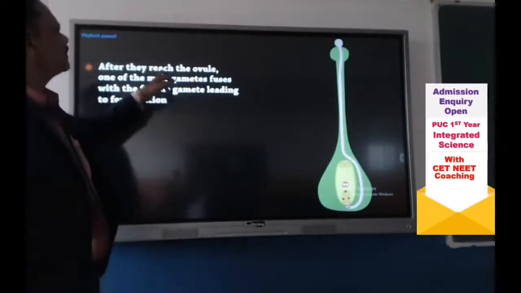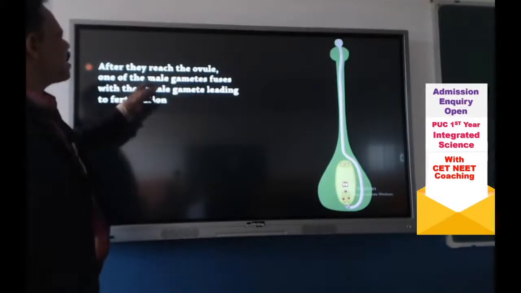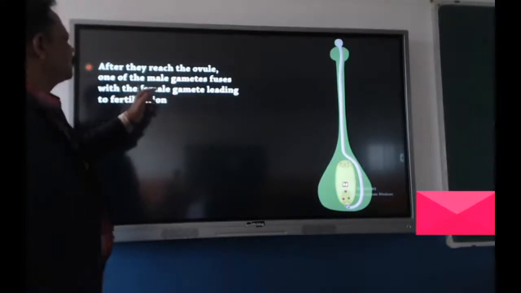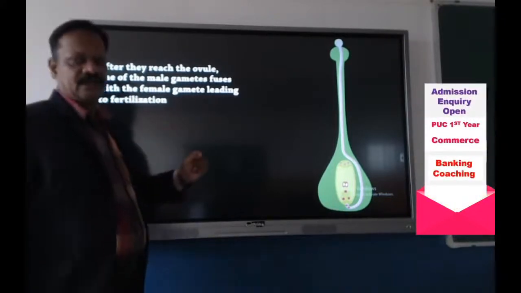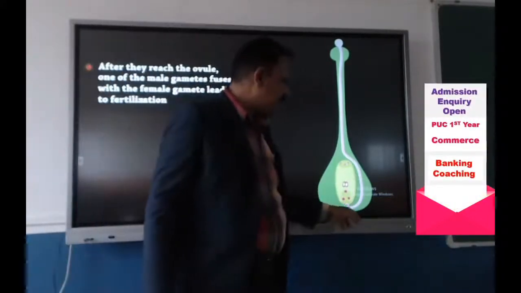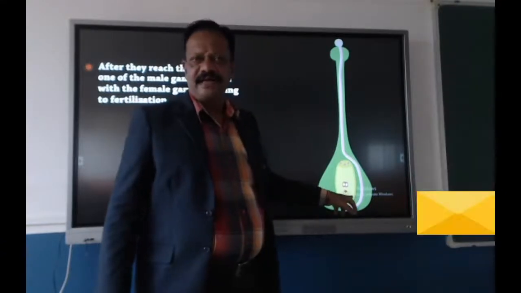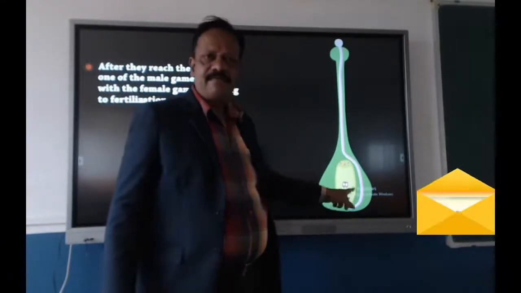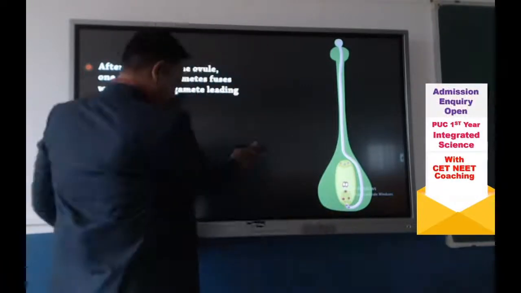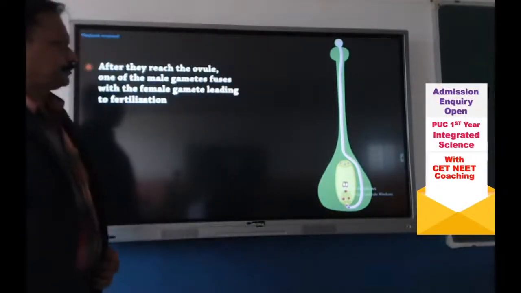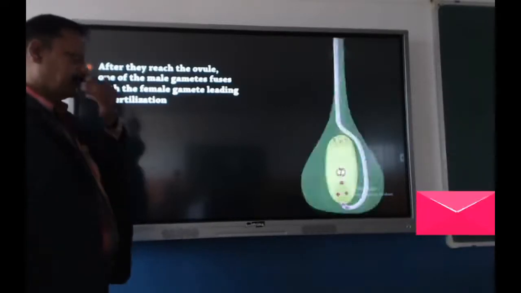After they reach the ovule, one of the male gametes fuses with the female gamete, leading to fertilization. The male and female gametes combine together to form the fertilization.